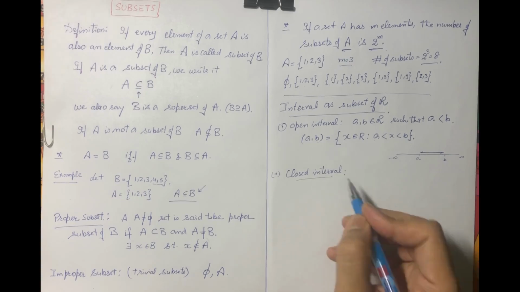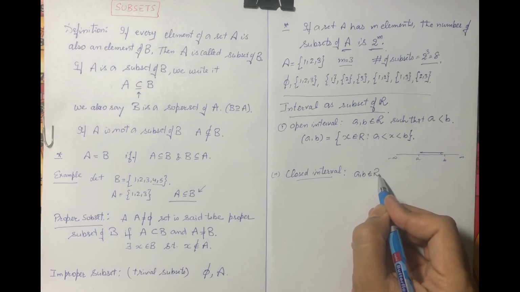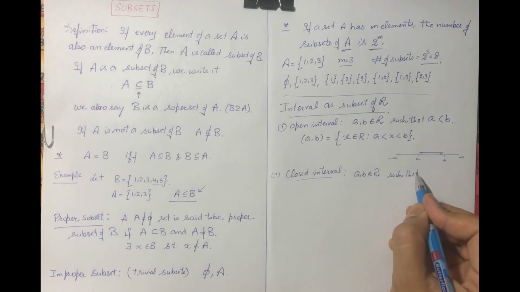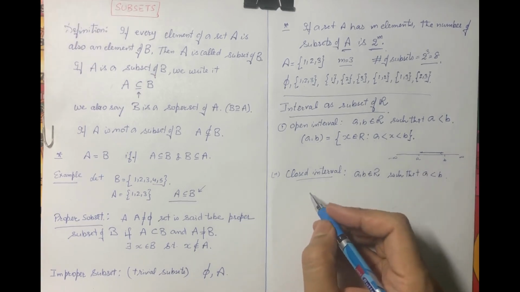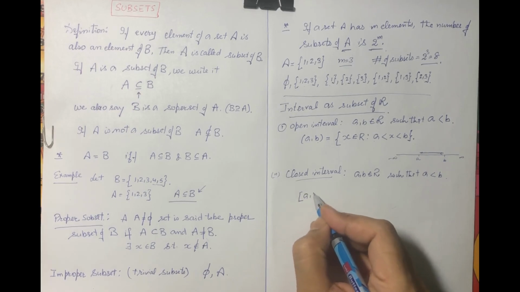So again we start with two elements, real numbers, such that a less than b. Now here closed interval is denoted by square bracket.